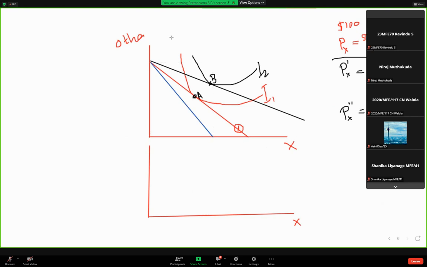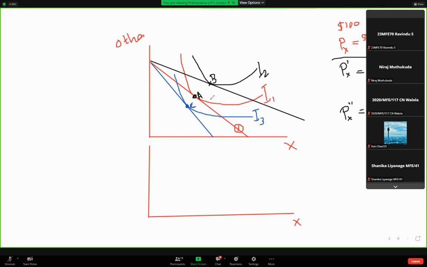As a result, consumers cannot afford A or B. They settle down somewhere here and only reach indifference curve I3, a lower amount of utility, and settle at point C.